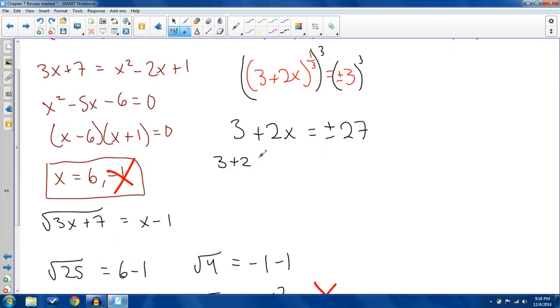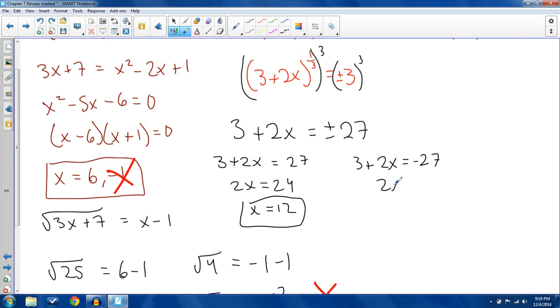I have 3 plus 2x equals positive 27, and 3 plus 2x equals negative 27. So this is 2x equals 24, and x equals 12. And this is 2x equals negative 30, and x equals negative 32. Whoops. I just subtracted. X equals negative 15. Good to go right there.